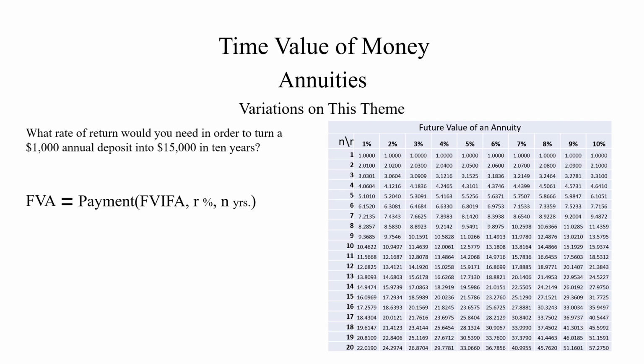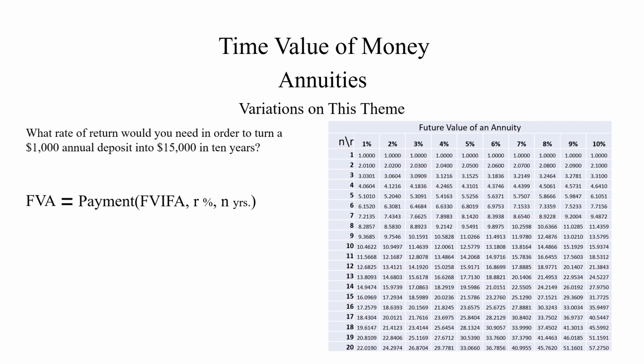But we're depositing it into an account that pays an annual return, which can be used to generate even more income in subsequent periods. What then will be the required rate of return to turn those $1,000 annual deposits into $15,000 in 10 years? Here's our future value of an annuity template.